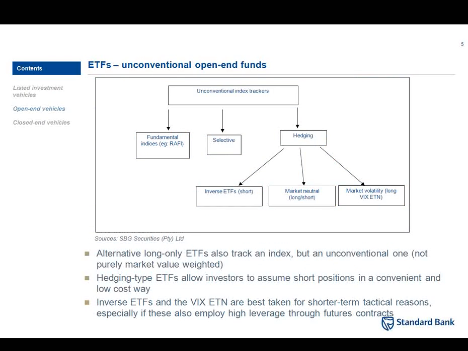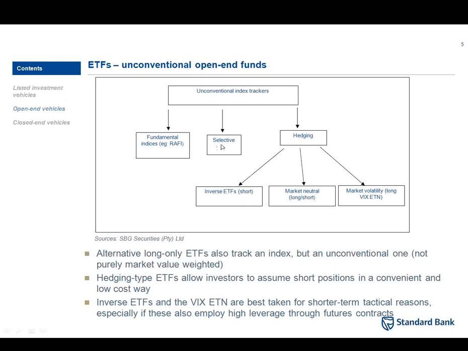Now we come to the more unconventional open-end funds, or ETFs. I think what's been previously mentioned, and you're probably familiar with, is something like the fundamentally weighted indices, where the index is weighted by things like sales or dividends. The RAFI ETFs are good examples of that, both locally and internationally.